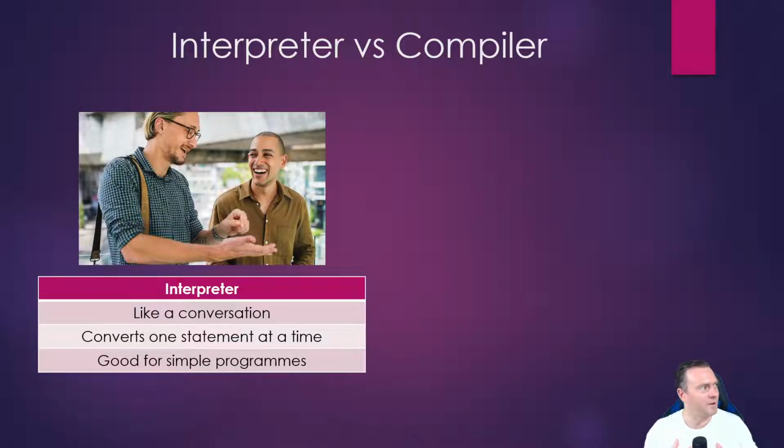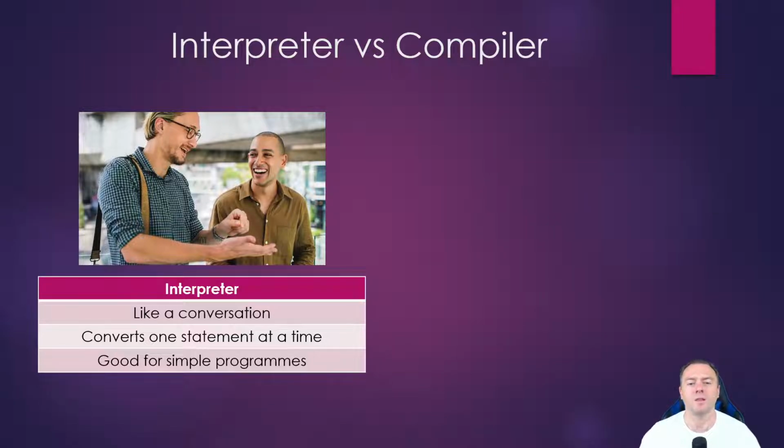If I said in Japanese, Watashi no Henderson sensei onegaishimasu, the translator would take that information and give it to the other person, saying, his name is Mr. Henderson and he's pleased to meet you. Interpreting is really good at doing one statement at a time. I tell the interpreter something, then it translates it. And it's good for simple programs.